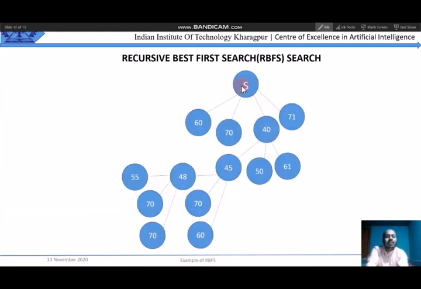So let us assume S is the start node, and 60, 70, these are all the f values of the nodes. Among these nodes, 40 is the best node, so it will go to the closed. 60 is the second best according to RBFS.